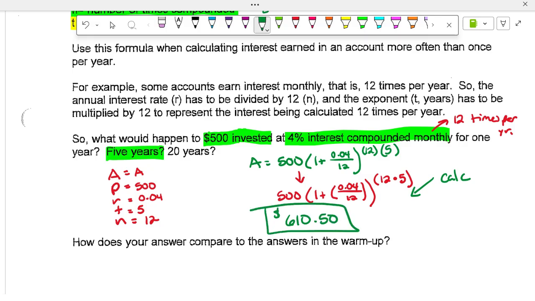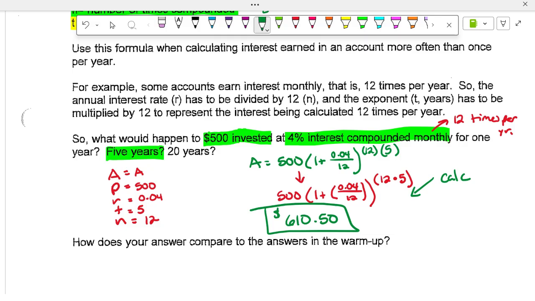Now, how does that compare to the answer we got previously? Is it more or less money? More. What you will actually find is the more time that passes, if you're compounding monthly versus annually, you're going to make a lot more money. It doesn't look like a lot now because we're only at 5 years. But if you did 20 years, it'd be a lot more money, like thousands of dollars.